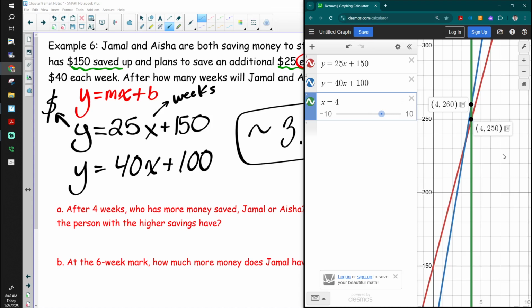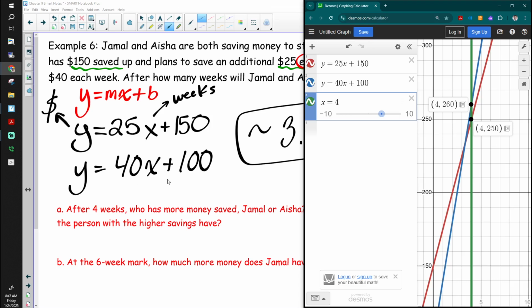Now, if we didn't want to use the graph, where else could we have plugged 4 into? We could have plugged 4 weeks into Jamal's equation. We could have plugged 4 weeks into Asia's equation, and we would have got 250 and 260. Okay? Many ways to solve a problem. Here we did it on a graph.